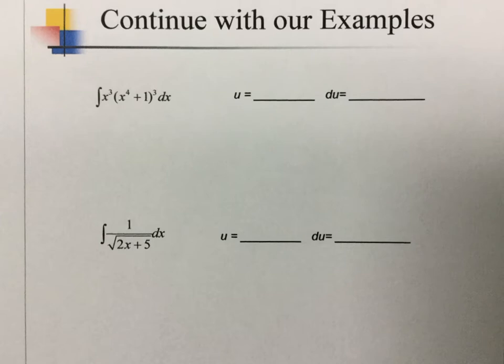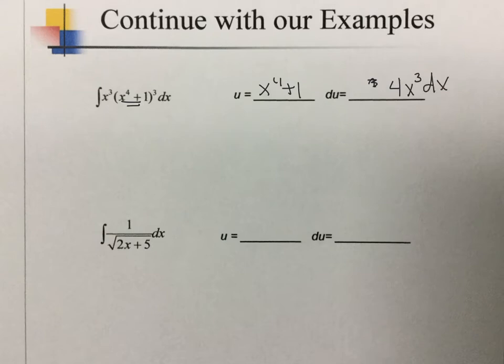okay, where was I? So we're going to begin by looking at this problem, and again, still figuring out what's our u and what's our du. So in this case, we already identified this. The u was x to the 4th plus 1, and our du should be, whoops, sorry there, should be 4x to the 3rd dx.